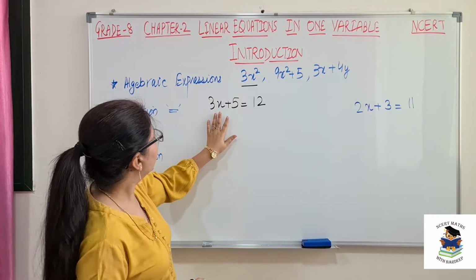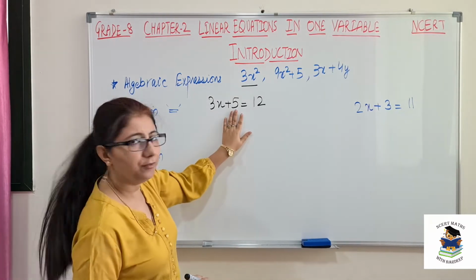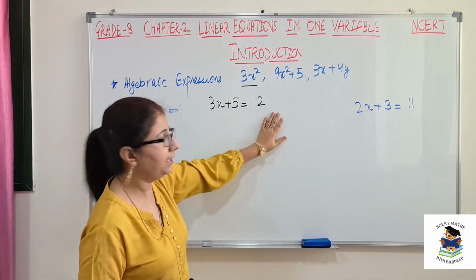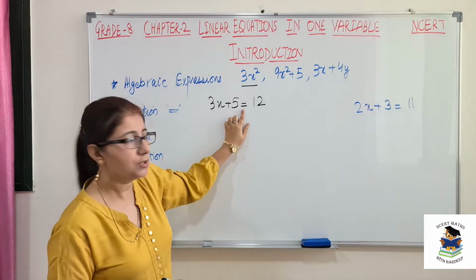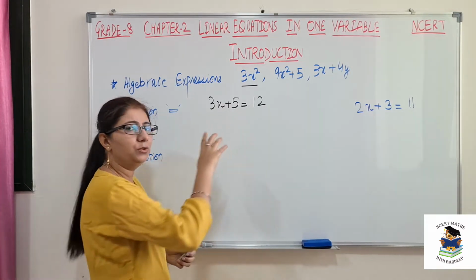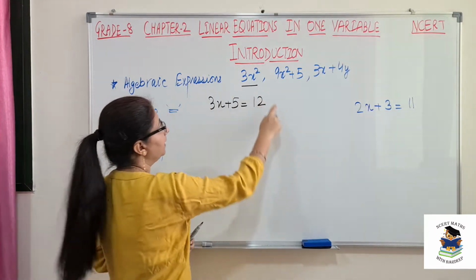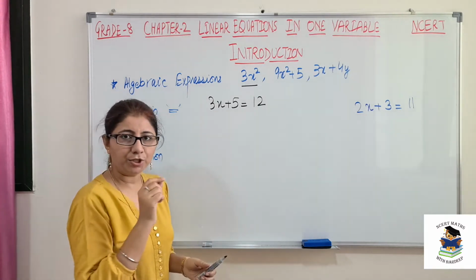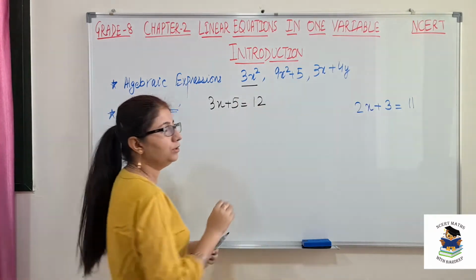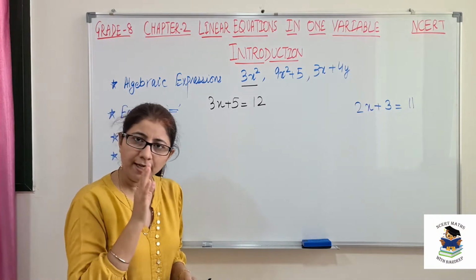Here I have a left hand side, a right hand side and an equal to sign also. If we have this equal to sign, then overall this is an equation. But if we don't have any equal to sign, that will be referred to as an expression.